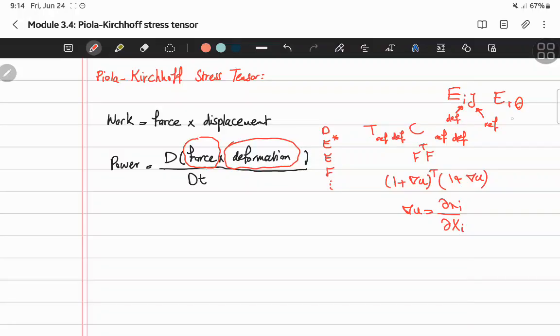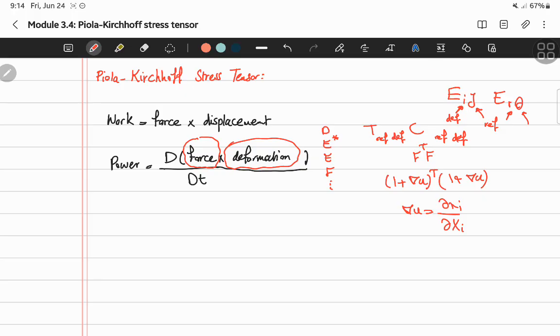So this is deform, and this is also in deform, and this is in reference configuration. So it matters which tool you pick, and you pick the corresponding stress tensor for your analysis.